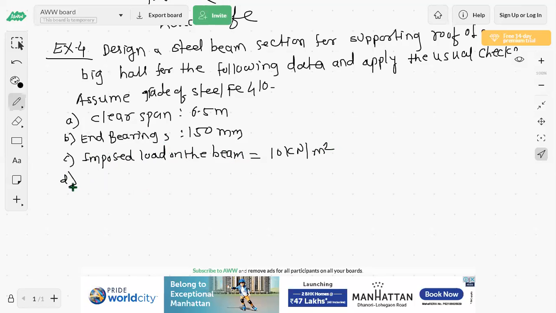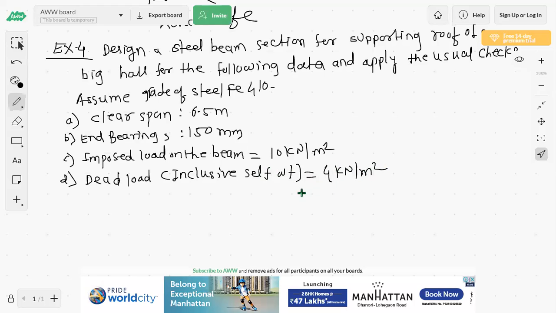Small d, dead load inclusive self weight, is equal to 4 kilonewton per meter square.